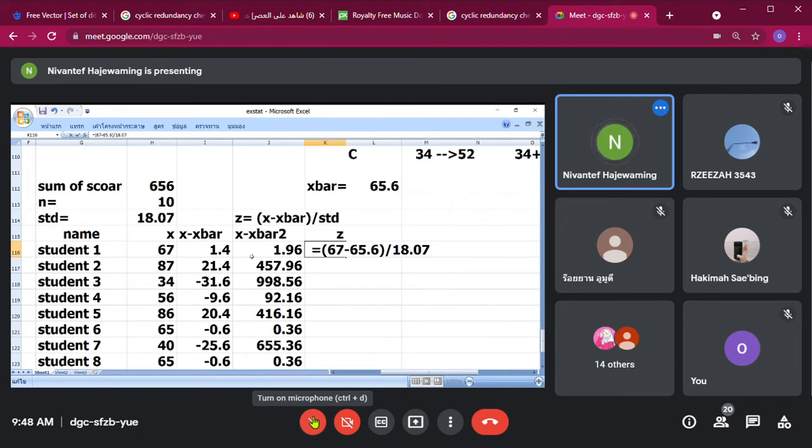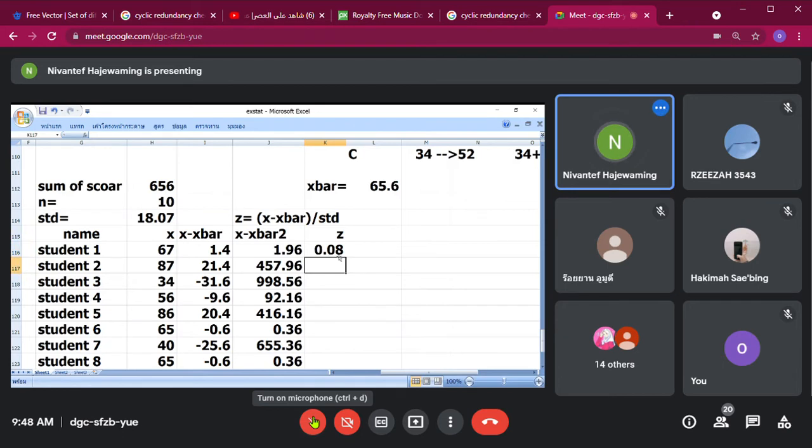This is the mark for student number 1. It is larger than the mean. You will get Z plus, right? Okay, got Z plus. I calculate it.